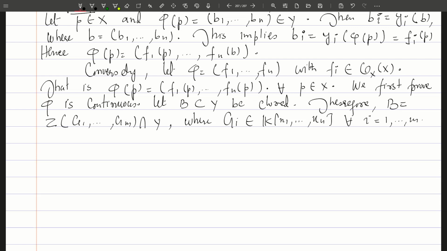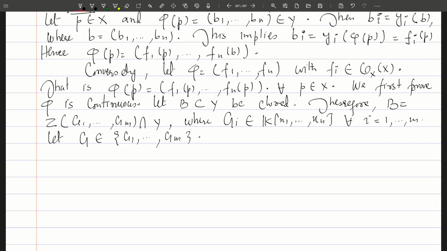Now let us pick some polynomial among these gi. So let G be an element in the set g1 up to gm. So we are picking any polynomial among these m polynomials.